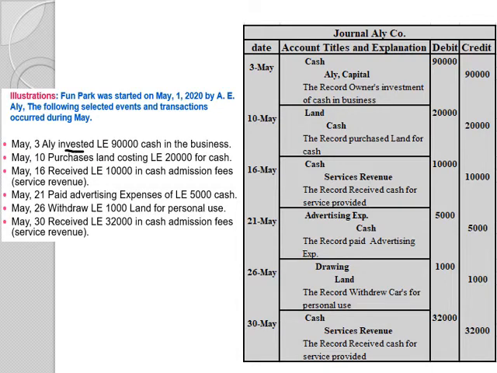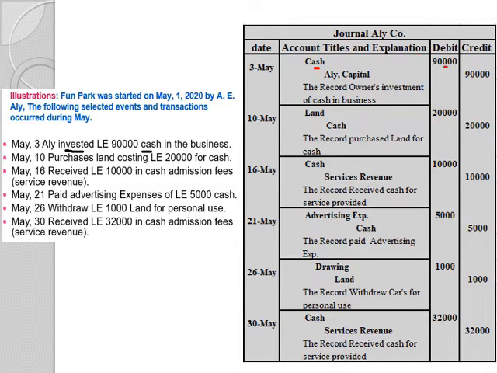Invested cash: cash increases. Cash is an asset, normal balance debit, increase, recorded in the debit side, £90,000 in the debit column.